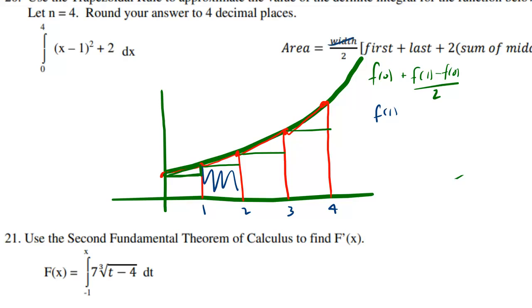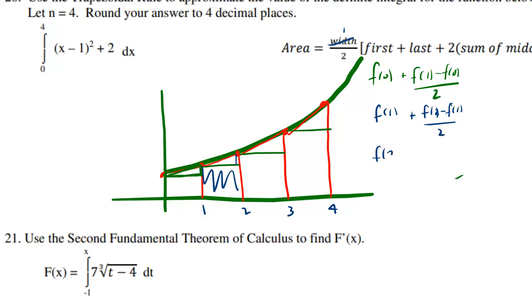So our width here is 1, so we're sort of doing like with 1/2. And that rectangle, or this triangle right here would be 2 minus 1, right? So that's 1 is the width. It's going to be that the height is going to be f of 2 minus f of 1 over 2.